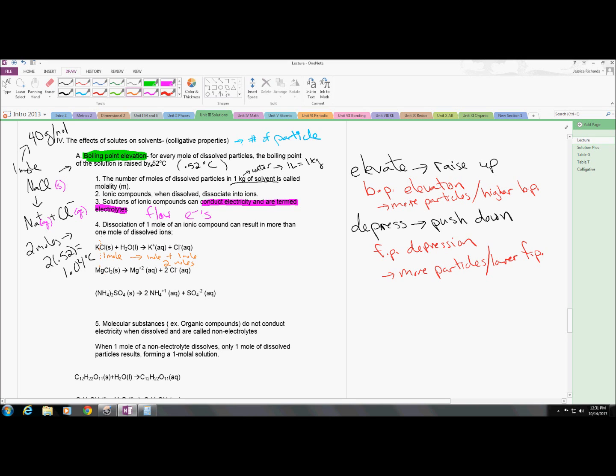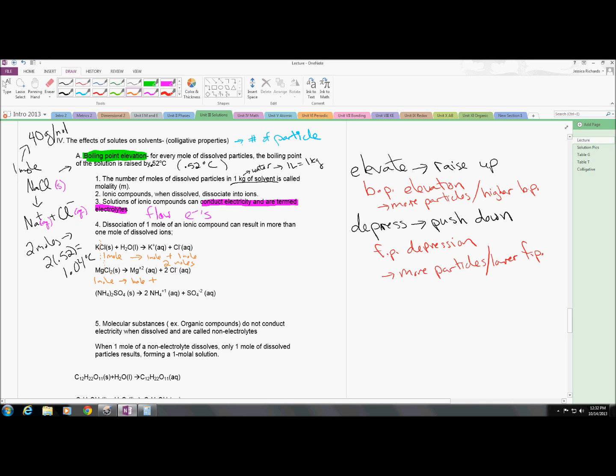If I have magnesium chloride, again I'm going to split this in half right here. So I have 1 mole of magnesium chloride splitting into 1 mole of magnesium ions plus, look what happens, each of these chlorine ions becomes its own separate chlorine ion.